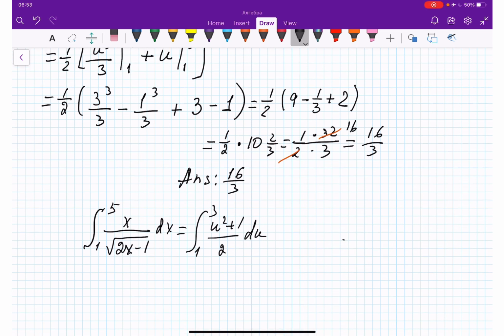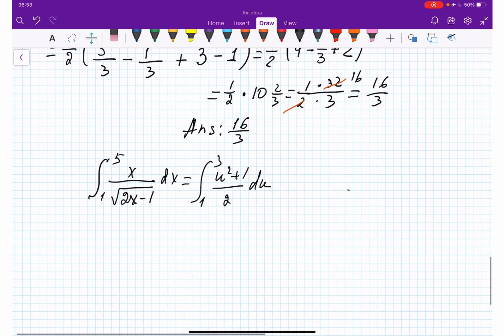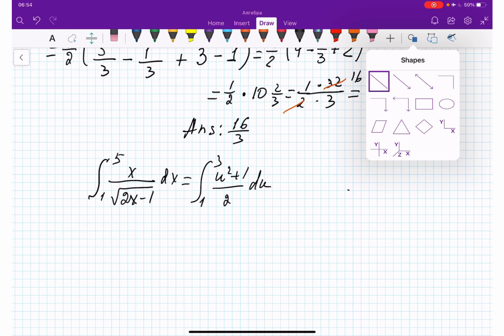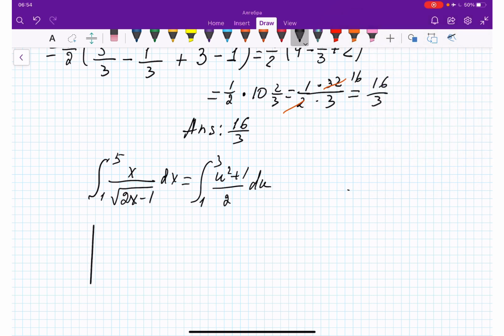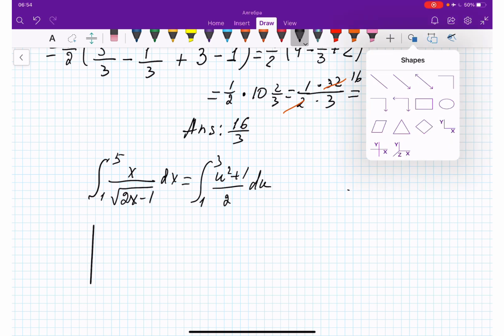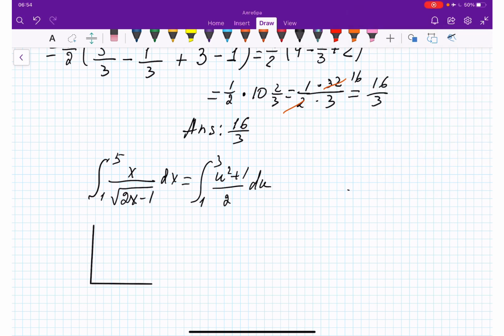So if I graph these two integrals, let's say this one for x, the integral with x, let me graph here so we can see which one is which.